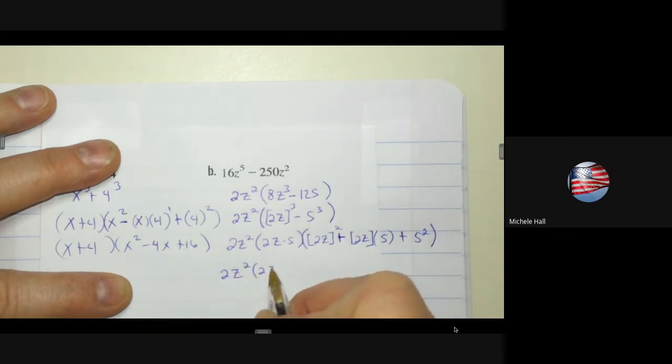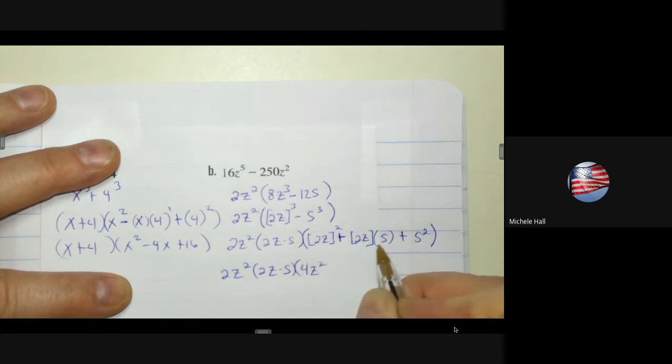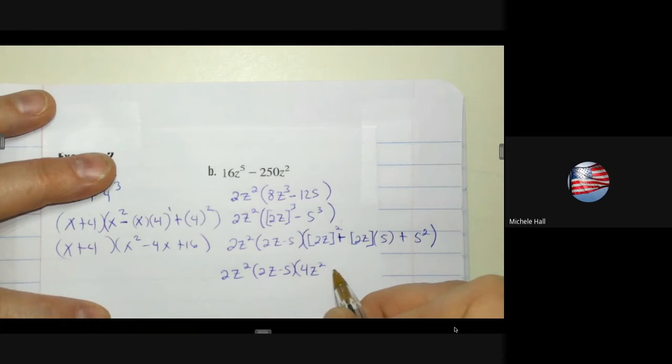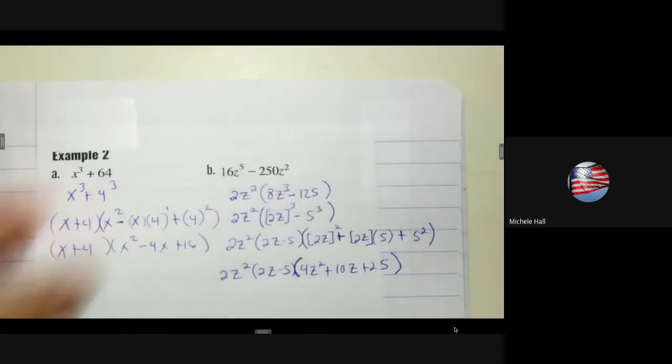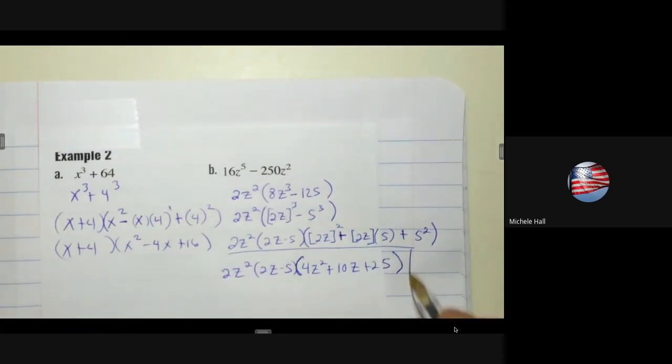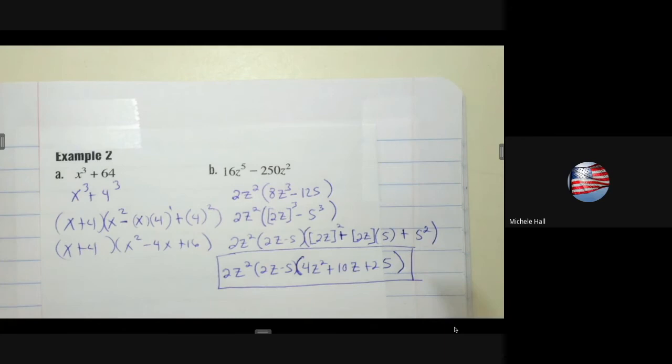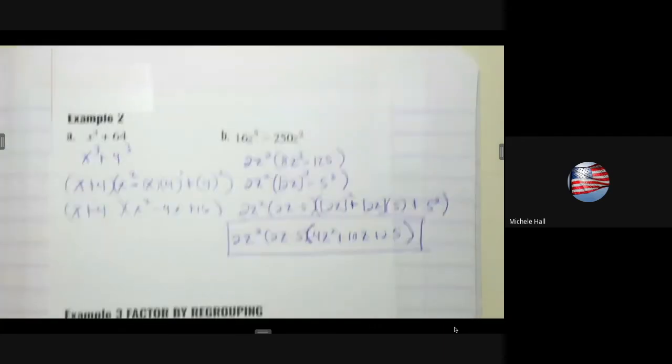Simplifying where we can. 2z squared is 4z squared, and then 5 times 2z is 10z, and then plus 25. Final answer. Again, you should check your quadratic to make sure it's fully factored, and here it is.